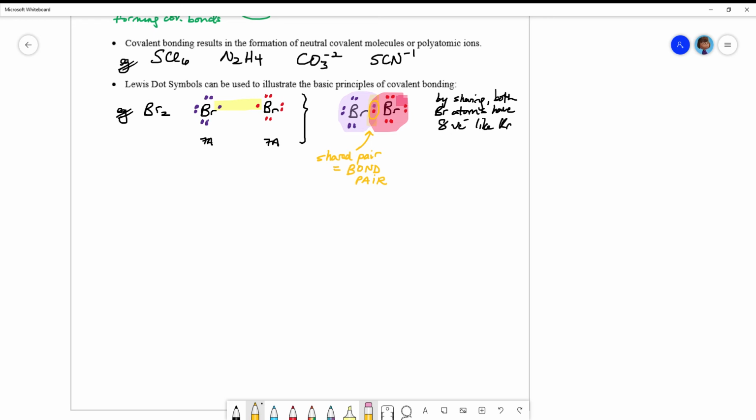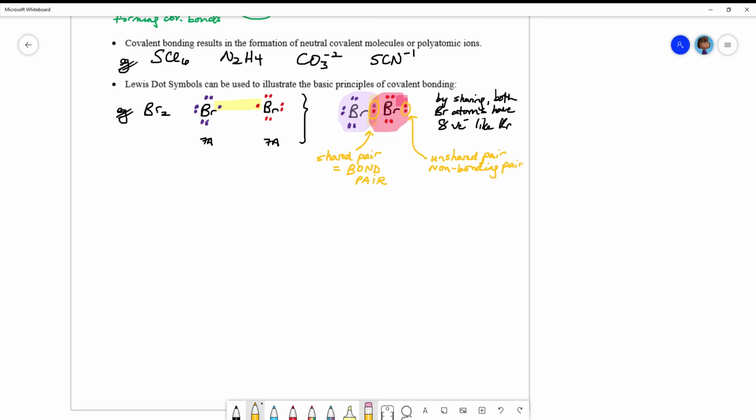But each bromine atom has a number of electron pairs that didn't get shared at all. So, for example, this pair of electrons on red bromine did not participate in bond formation. It's an unshared pair. Sometimes it's called a non-bonding pair because it's not participating in bond formation.